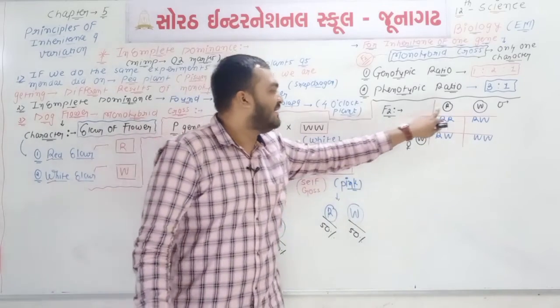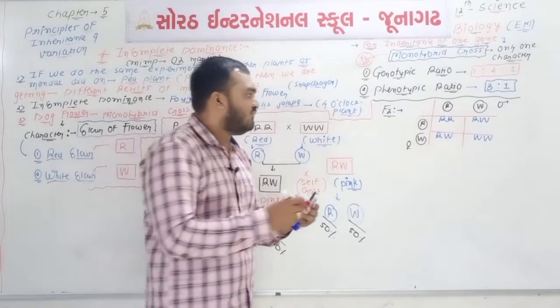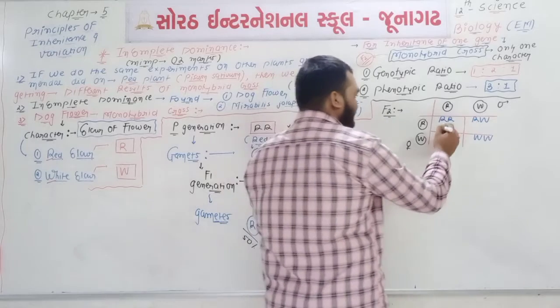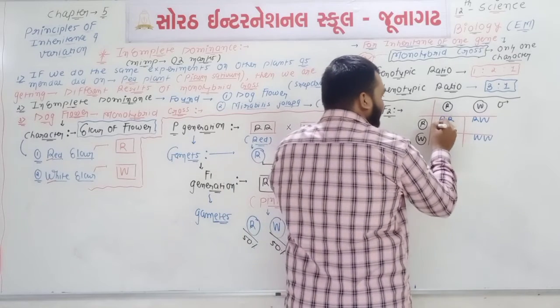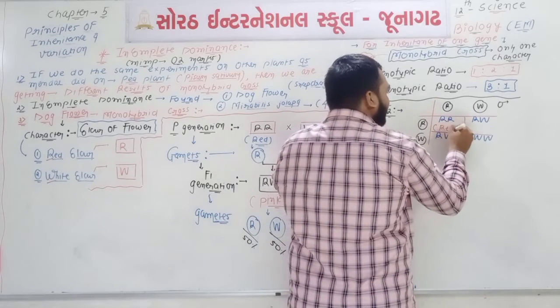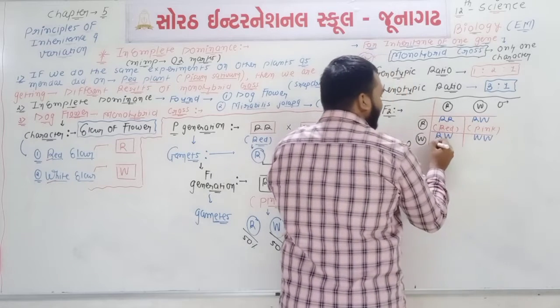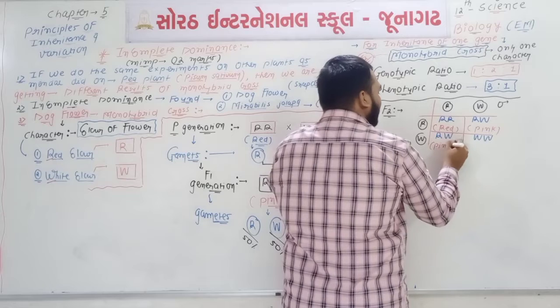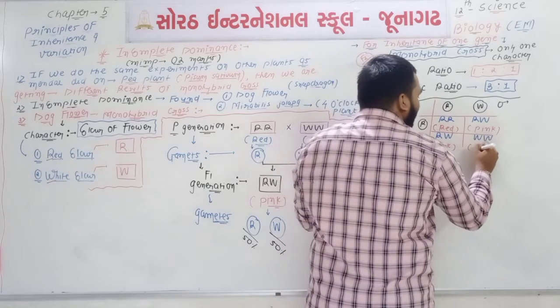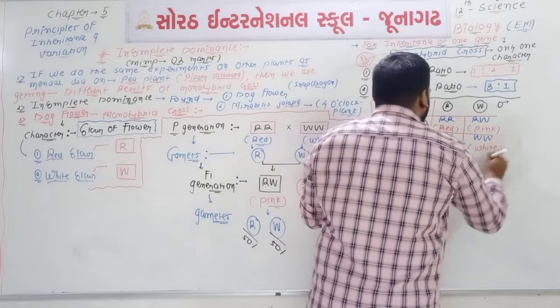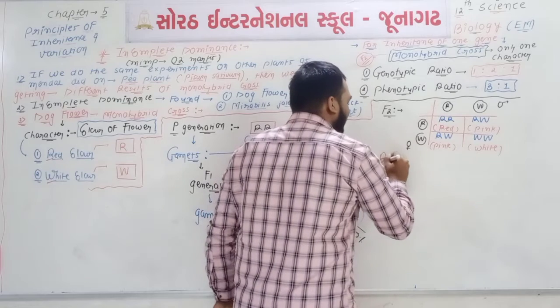So 2 multiplied by 2 is equal to 4. Here if we write the phenotype, it will be red. Here RW means pink, RW means pink, WW means white. So it's all about the F2 generation.